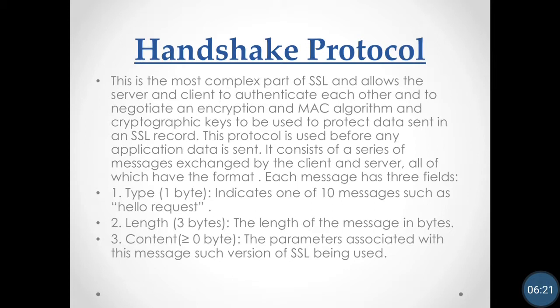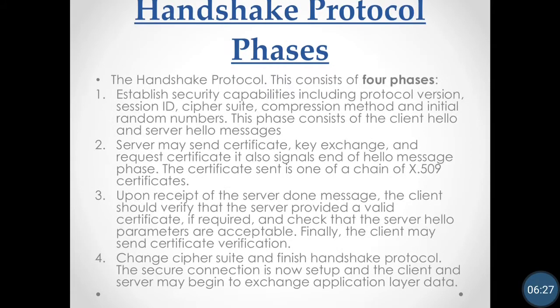In content field, we include parameters associated with the particular message. We have 4 phases of handshake protocol: 1, 2, 3 and 4. All these are described in the diagram above also.